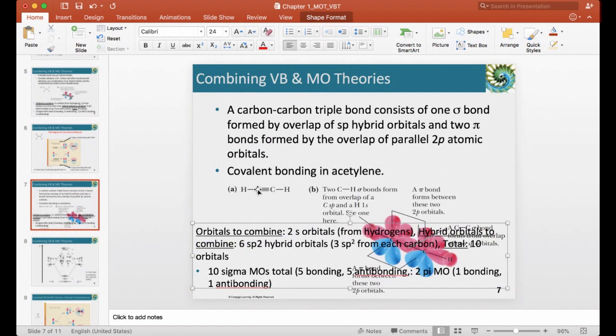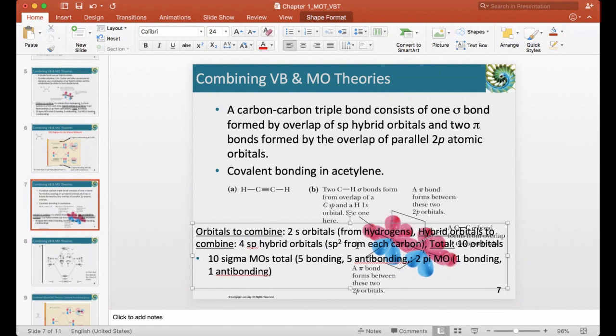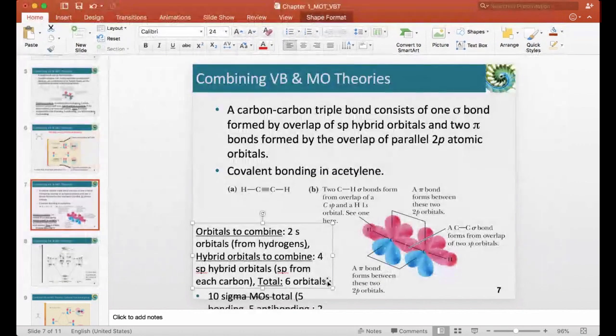We have one sp hybridized carbon here, triple bond, and a second sp, so 2 sp carbons, each one having two hybrid orbitals, that's a total of 4 sp hybrid orbitals, 2 from each carbon. That makes a total of, sorry, 6 orbitals to combine, okay?